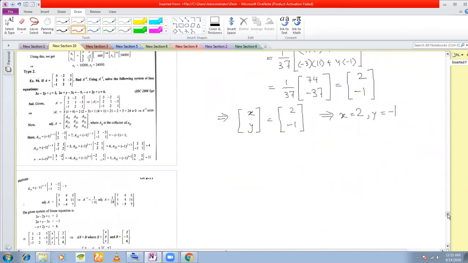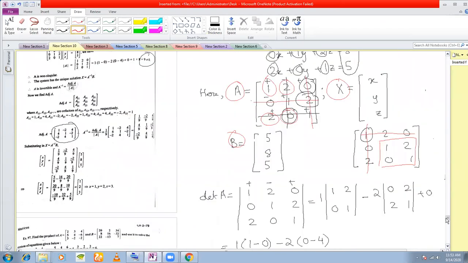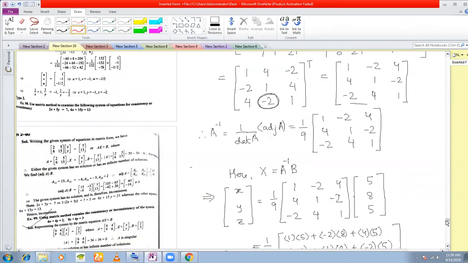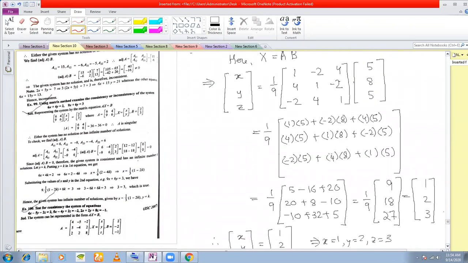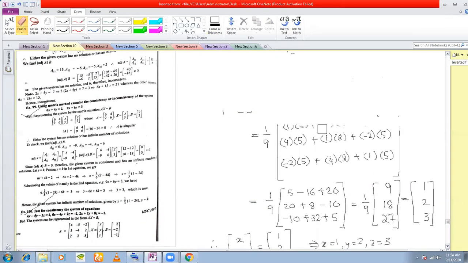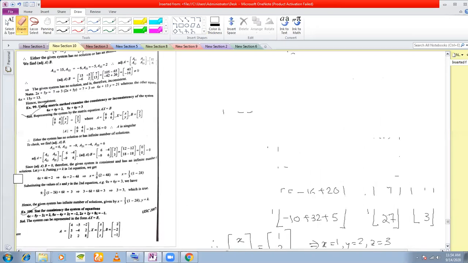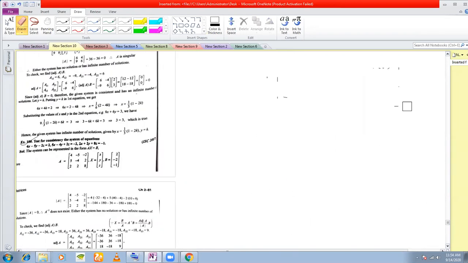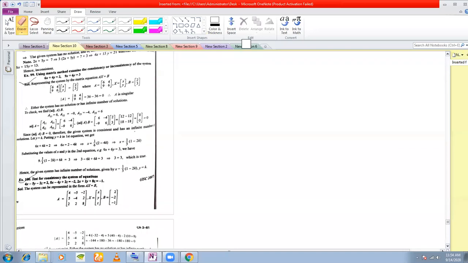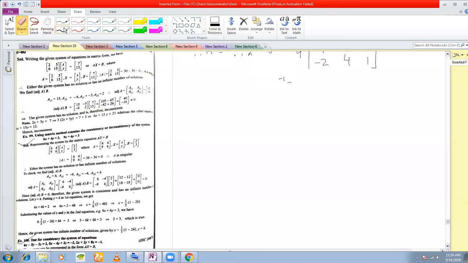So we start with a 2 by 2 matrix, a simple problem. Okay, we start with this problem. The question here is, use the matrix method to examine the consistency or inconsistency of the system of equations.